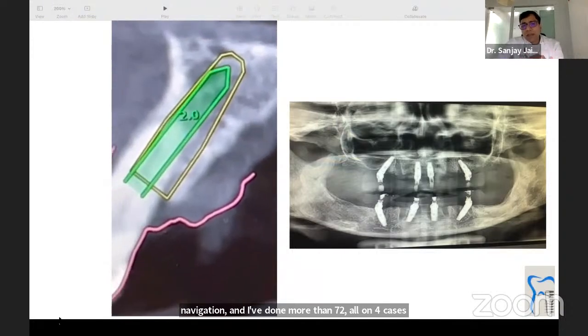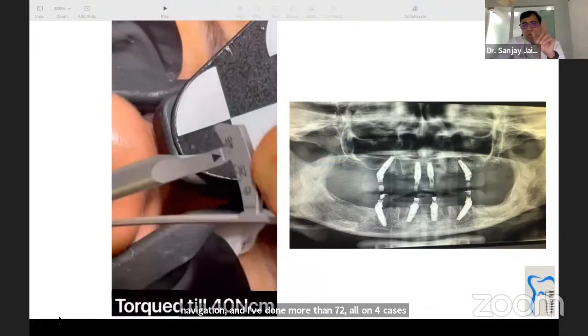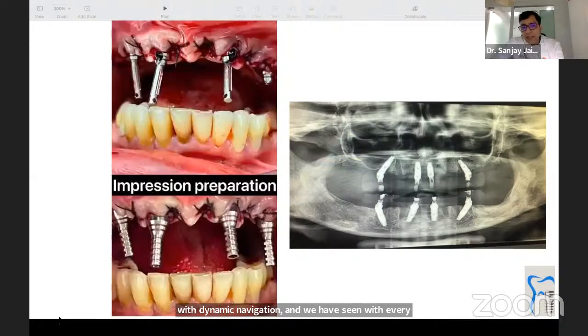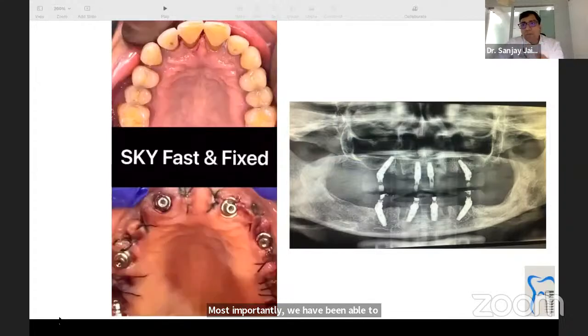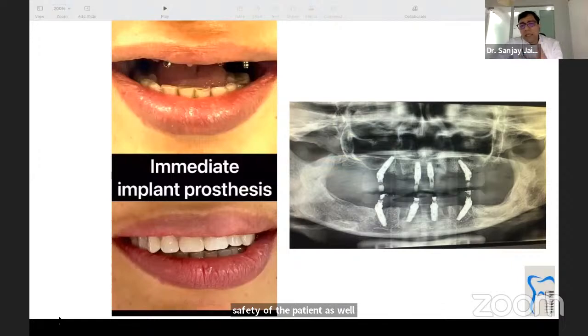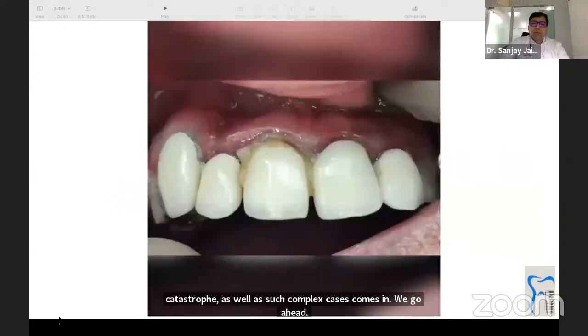And we have seen with every case, we are able to achieve good primary stability. Most importantly, we have been able to have utmost safety of the patient, as well as avoid any major catastrophe as such complex cases come in. We go ahead, we do immediate implant prosthesis.